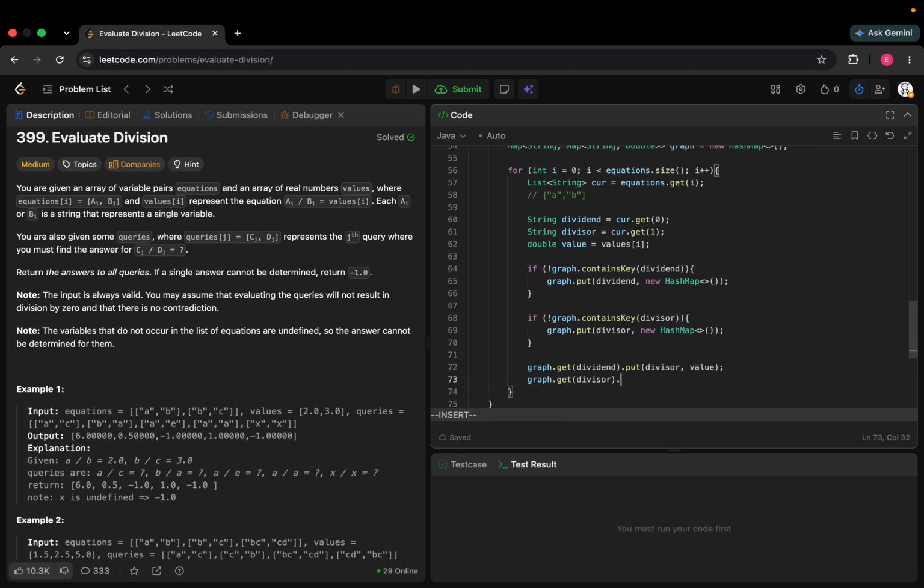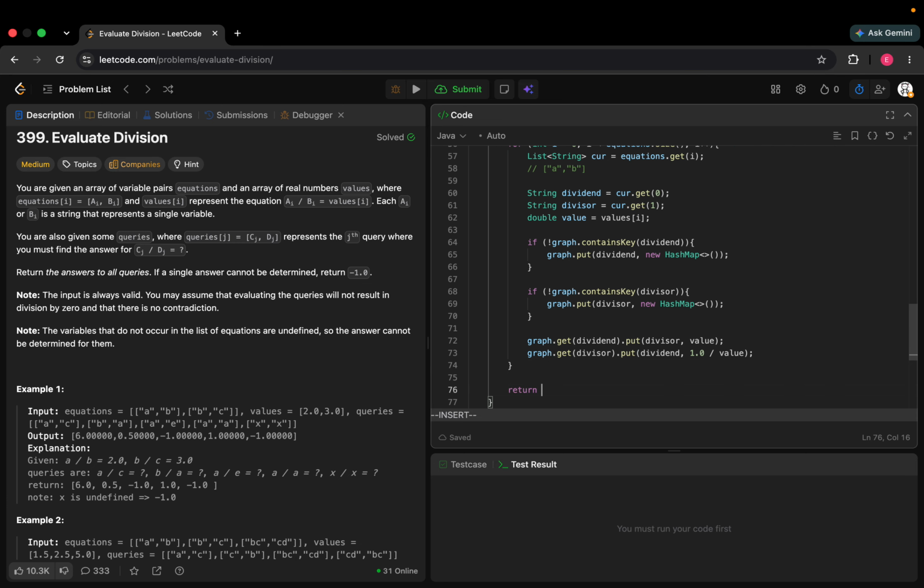Divisor, put the dividend. Then everything finished, we return the graph.